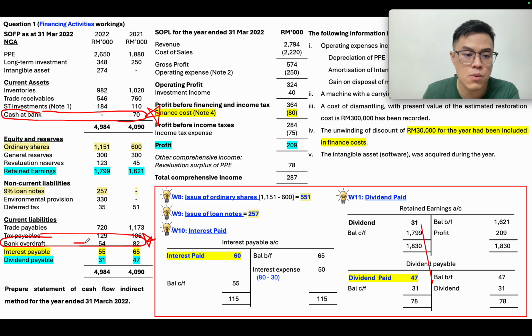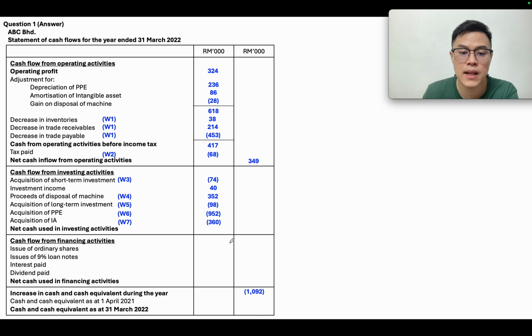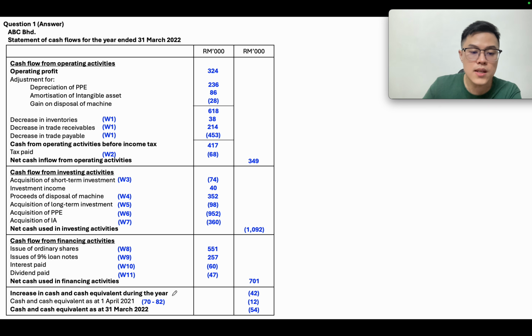And your answer must be equals to 54. So let's look at our answer. Our answer is 54. Therefore, it's correct. So this is the cash at bank minus our overdraft bank. Then you will get a negative 12. So overall, the positions of this company is not doing good because they are recording a negative balances.